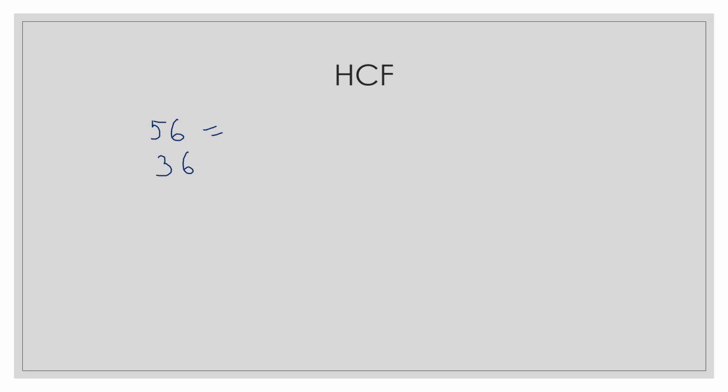So it is 7 into 8, right? Yes. So I'll write it as 2 into 2 into 2, so this is 8 into 7. Okay. And what is 36? 2 into 2 into 9. Okay. Now if we see the common factors, this 2 is a common factor.